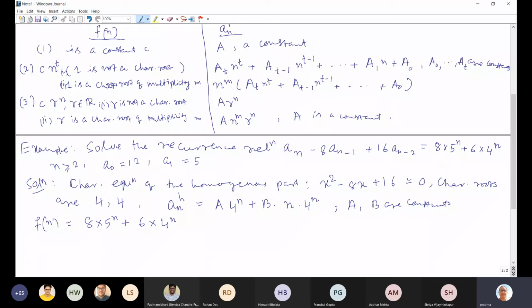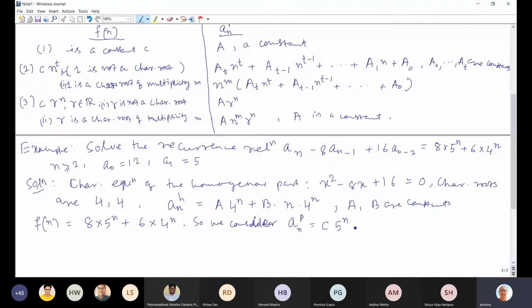So the particular solution we shall consider is a_n^(p). The first term will be of the simple form, some constant C times 5 to the power n. This C is a constant that we will determine.